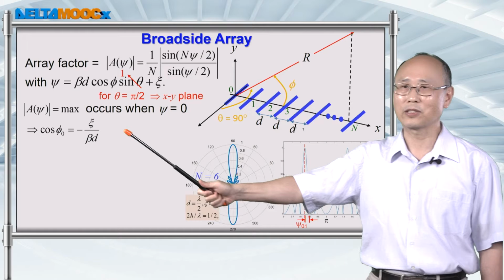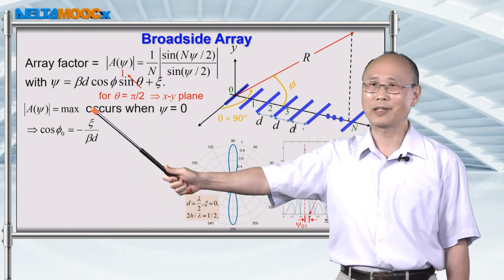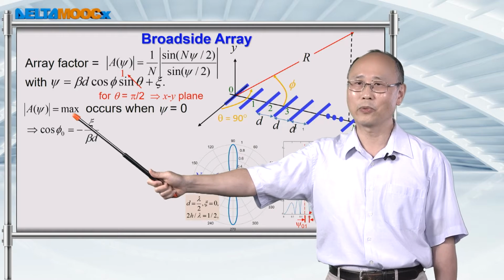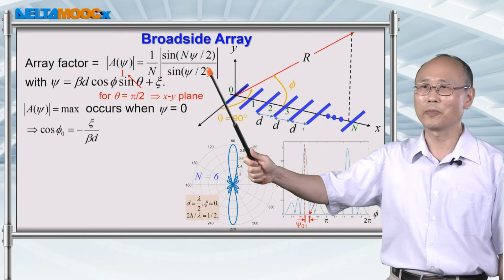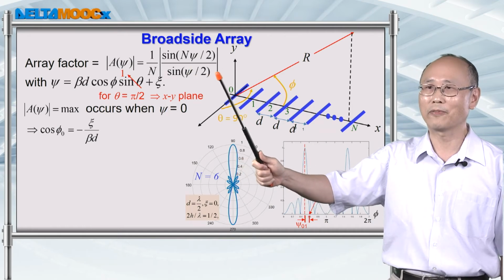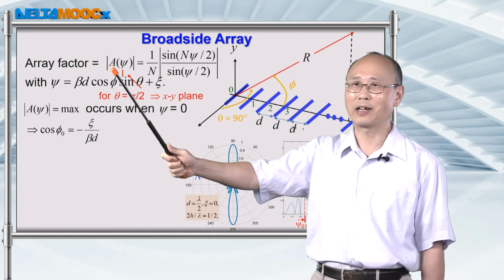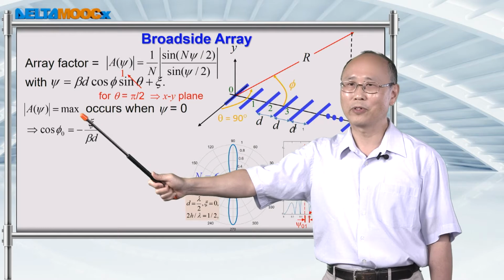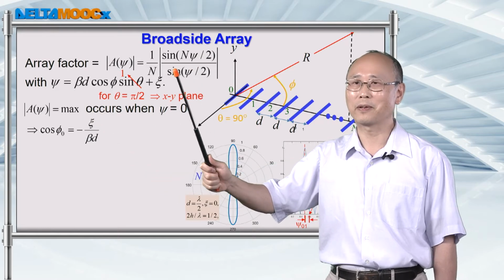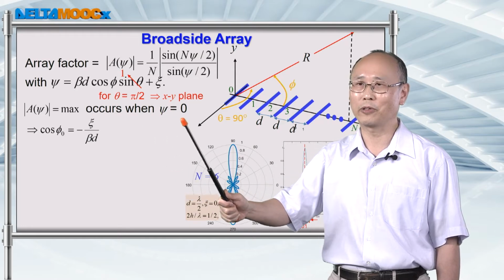Now let's look into the maximum radiation direction, which is consistent with A of psi equal to maximum. So we'll be looking for the value of phi that gives the maximum value of this array factor. If you look for the maxima of this array factor, you're going to see that it will occur when psi is equal to 0.